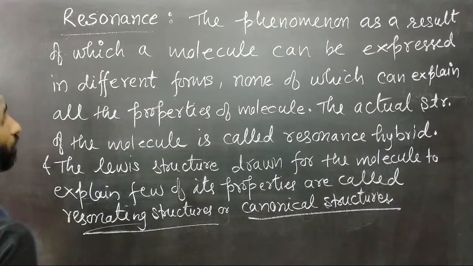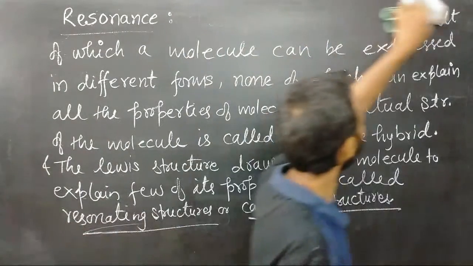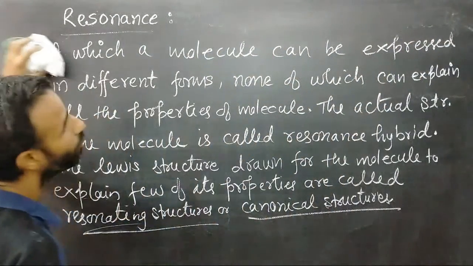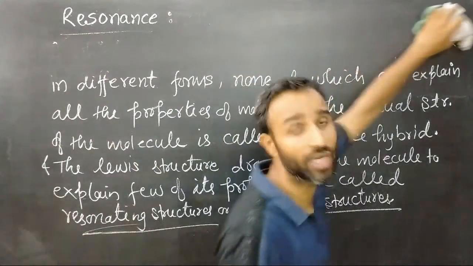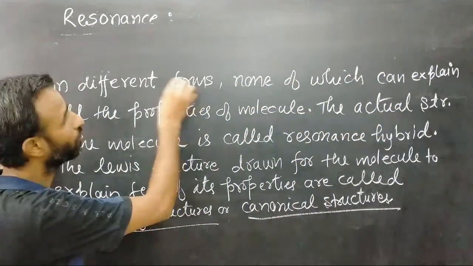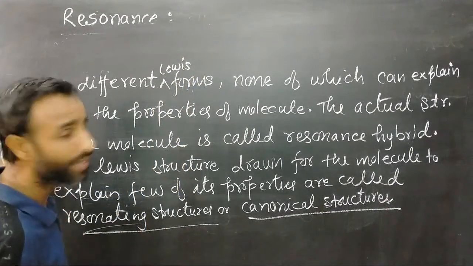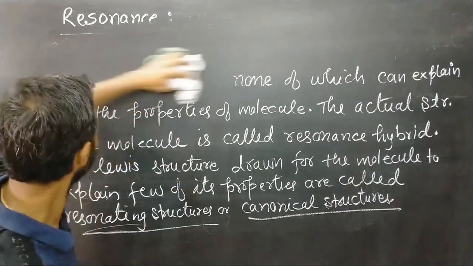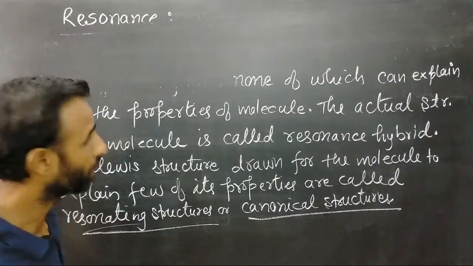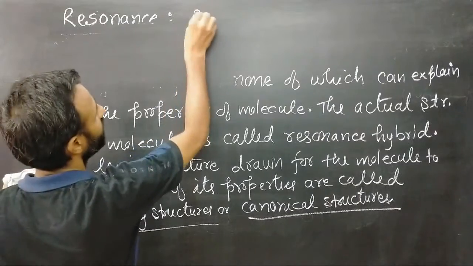Okay. That means it is the phenomenon as a result of which a molecule can be expressed in different Lewis forms, none of which can explain all the properties of the molecule. For example, let us take the example of benzene.